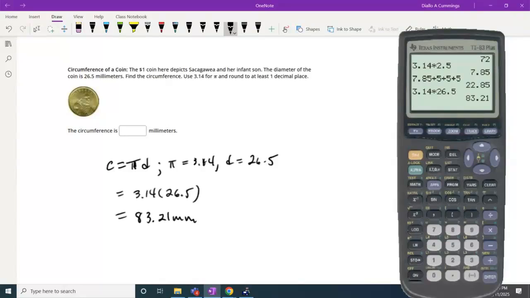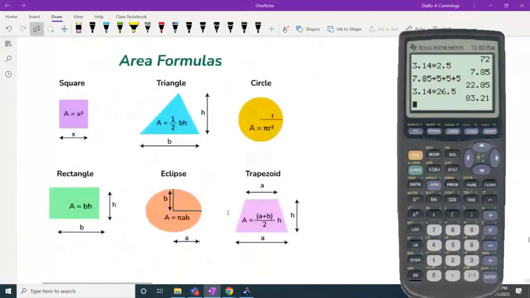All right, so circumference and perimeter are in the unit alone. So here's what I mean when I say by the unit alone. It's measured in the unit raised to the first power. Now, when we talk about area, and I've also included some area formulas, area is given by square units.